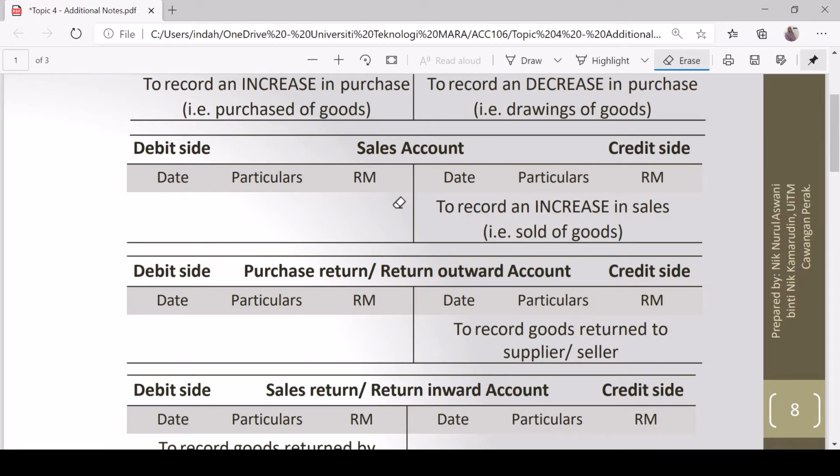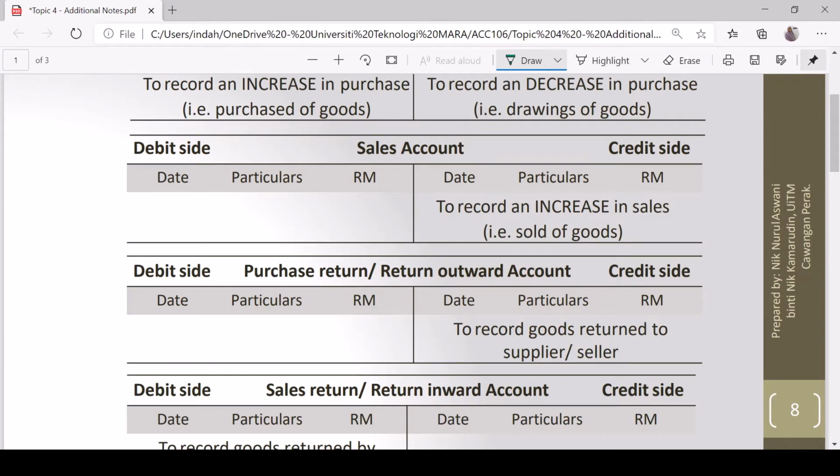So basically, in the sales account we only record sales of goods to the customer. So what will be the journal entry when we first record the transaction of selling goods to the customer? When you sold goods to the customer, what happened?